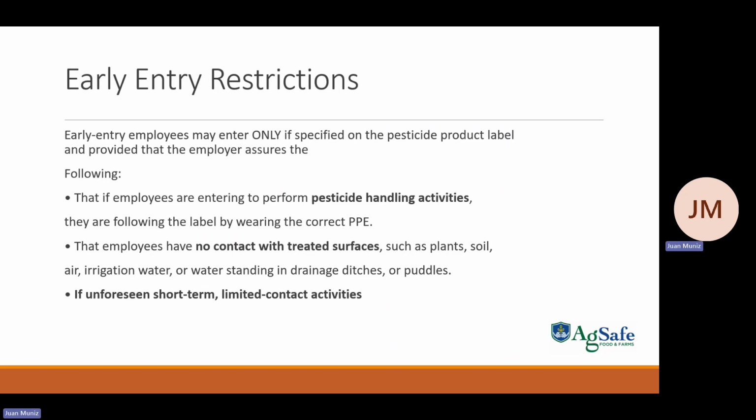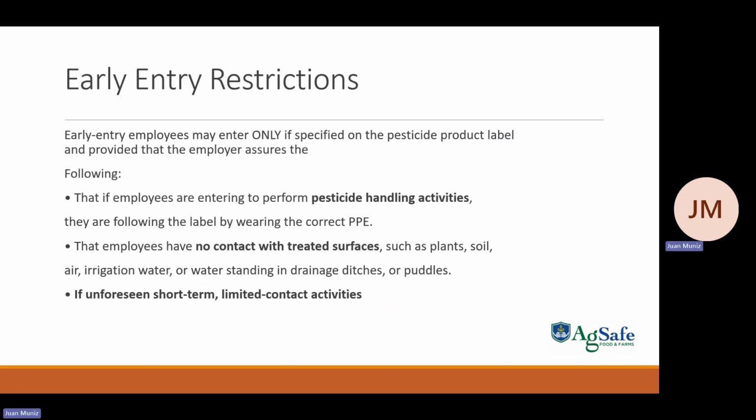The other thing that employers must assure is that employees have no contact with the treated surfaces such as plants, soil, air, irrigation water, or standing water such as drainage ditches or puddles, and that it's an unforeseen short-term and limited contact activity. Again, by definition, we said early entry workers could only go in there if it's an unforeseen, essential activity.